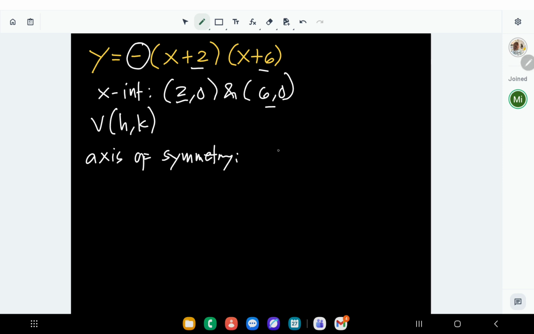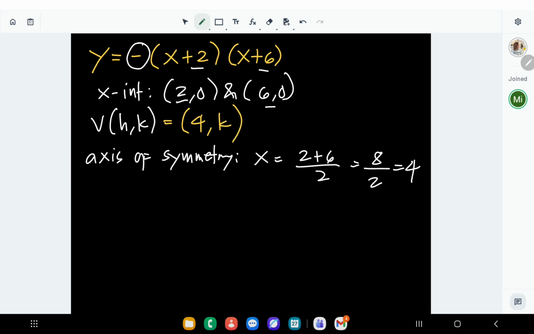So that would be x is equal to (2 plus 6) over 2. That is 8 over 2, so that is 4. The x-coordinate of the vertex is equal to the axis of symmetry. So our vertex is 4 and we don't know k. So we can solve k now.